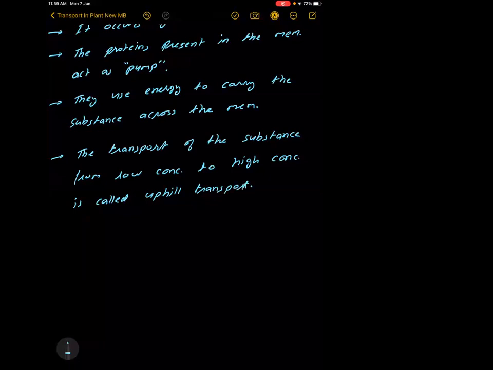Generally, materials are diffused from higher concentration to low concentration. That is a passive process. But in active transport, energy is used, and these particular proteins which are already present in the membrane are called pumps. They transport the material even from lower concentration to high concentration. That is called uphill transportation.